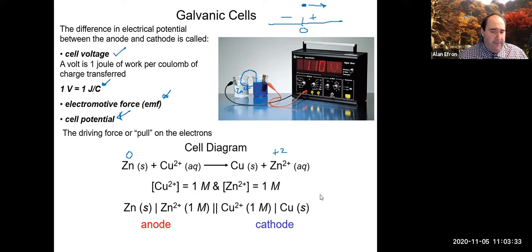While our copper is starting at +2 and ending at 0, going to the left, is being reduced. So the anode, which is our oxidation, is our zinc. This is our reactant, and this is our product.